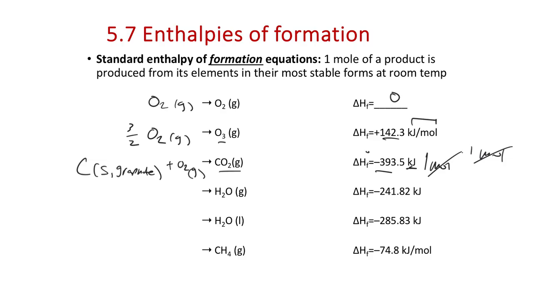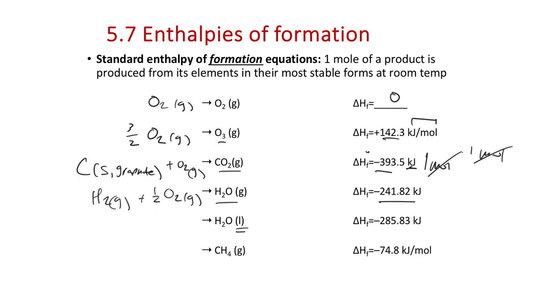So water gas would be formed from H2 gas for hydrogen, and then O2 going to a half O2. So H2 is the most stable form of hydrogen, graphite's the most stable form of carbon, O2 is the most stable form of oxygen, and so then we have that associated delta HF for water gas.